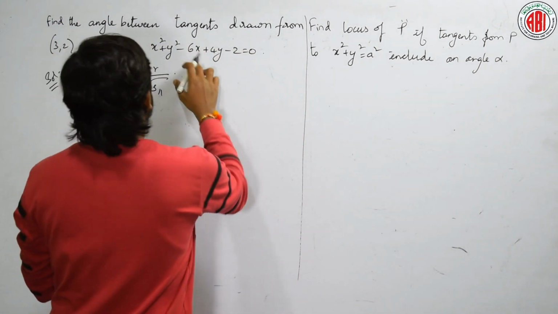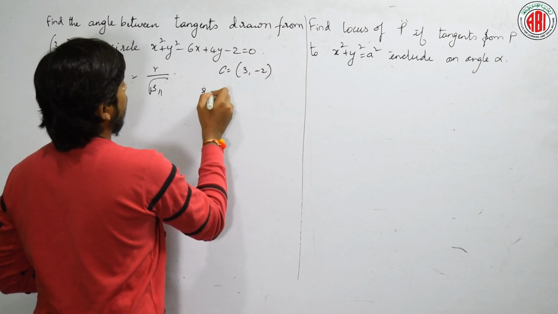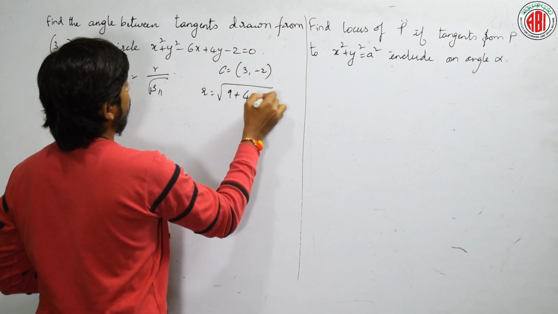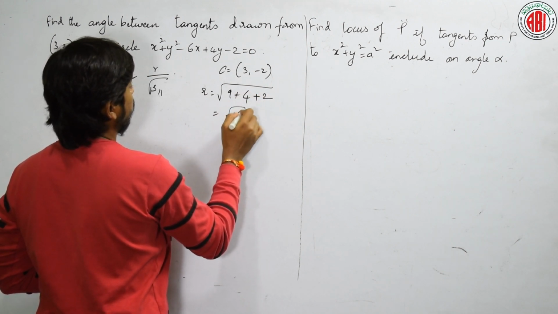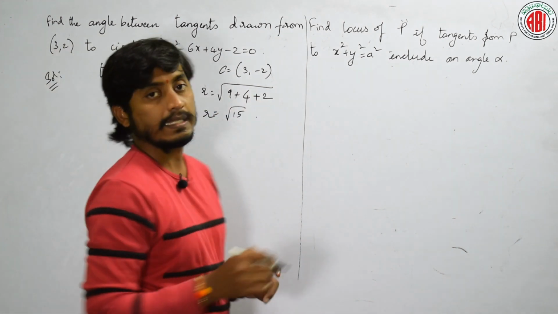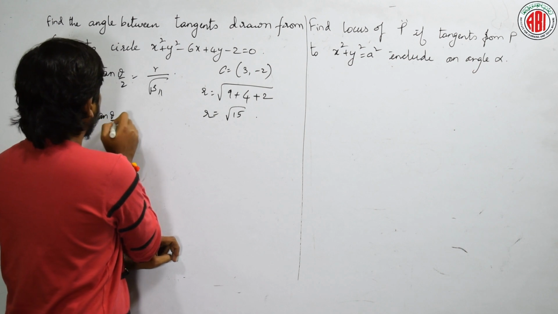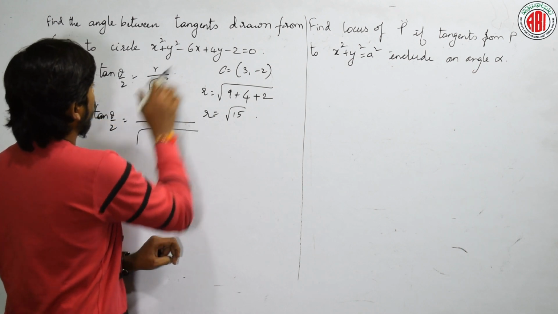See here, the center for this is (3, -2) and the radius is under root g square plus f square minus c, which is root 15. Yes. So, let us find tan theta by 2 is equal to root 15 by under root S11.